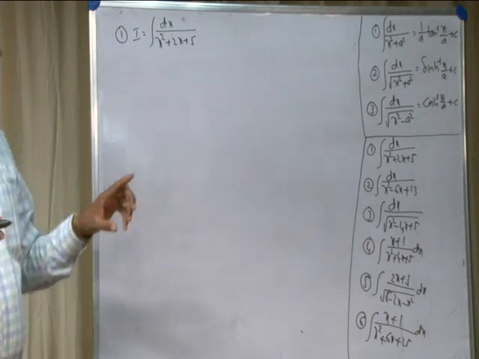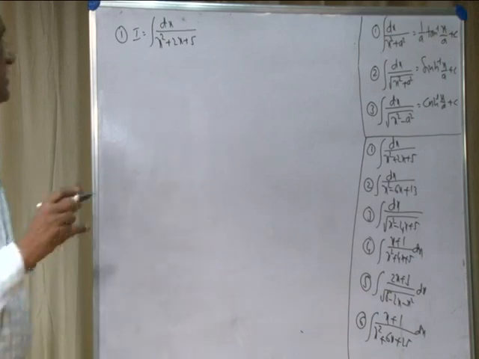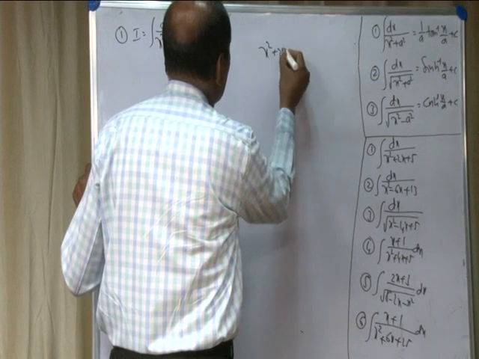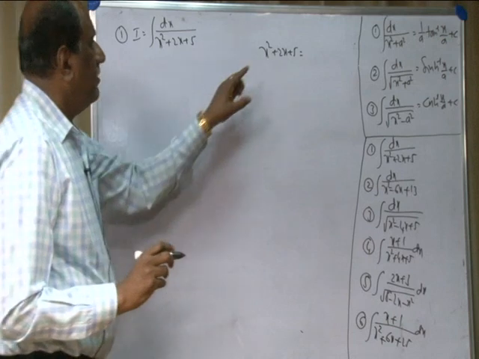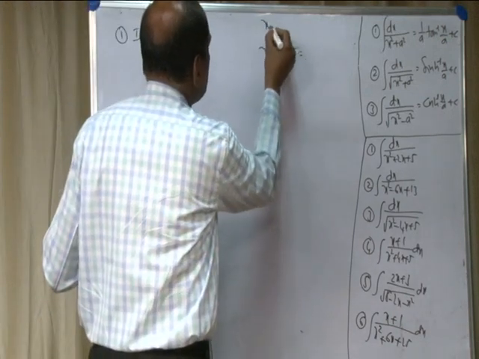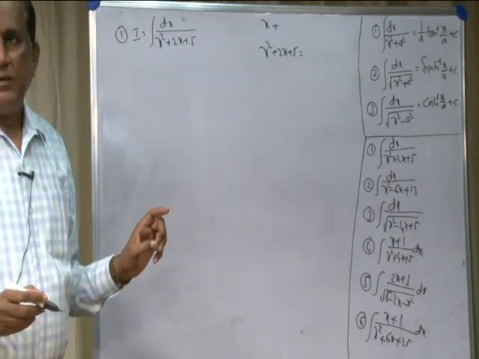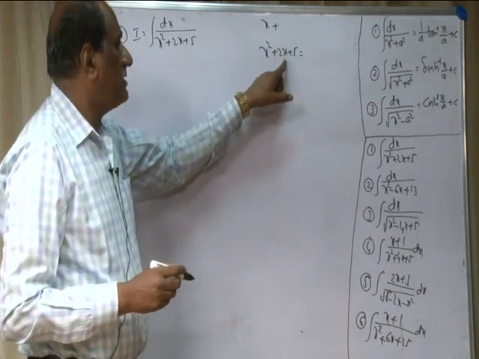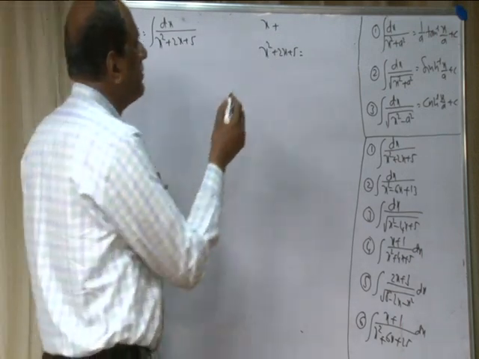Remember this technique. Observe the problem: x square plus 2x plus 5, how to write it? What is the root of x square? Root of x square is x, plus half the coefficient of the second term. If there is a plus sign, write plus, and if there is a minus sign, write minus. Half of 2, that is the coefficient of x, is 1.